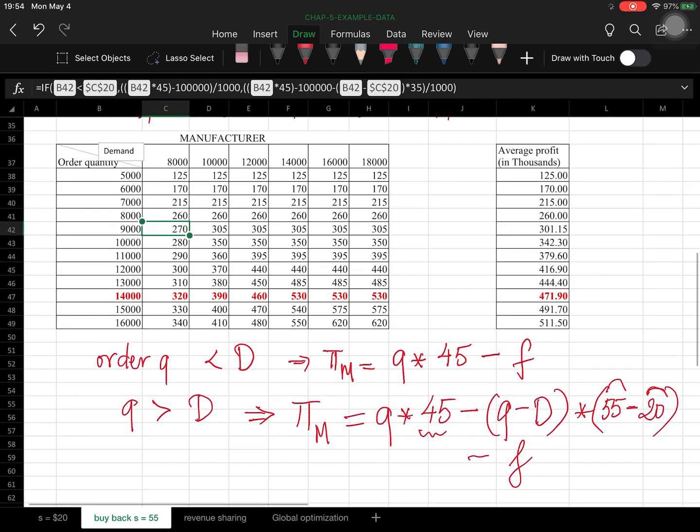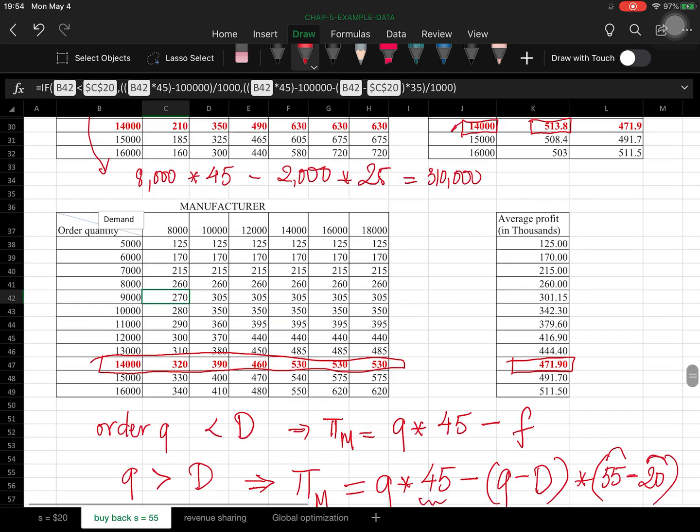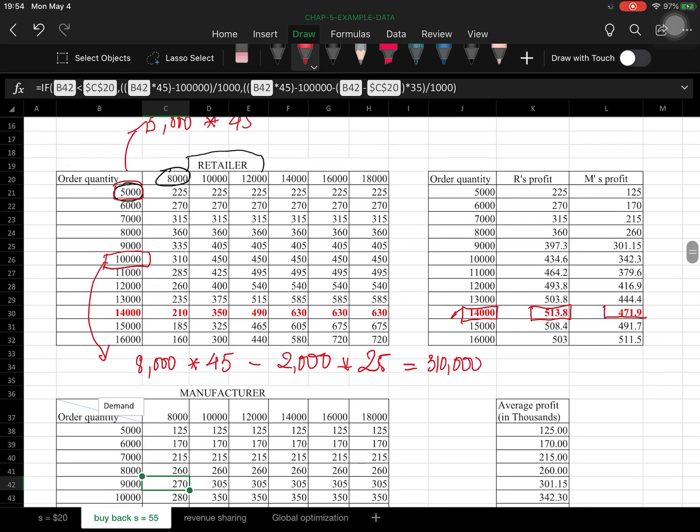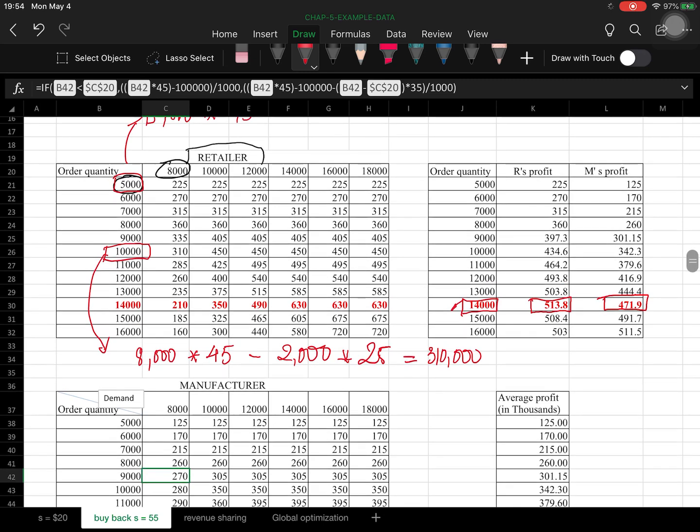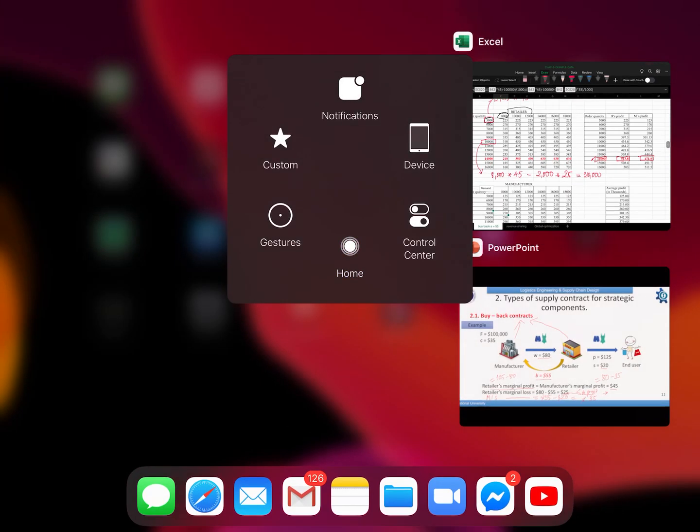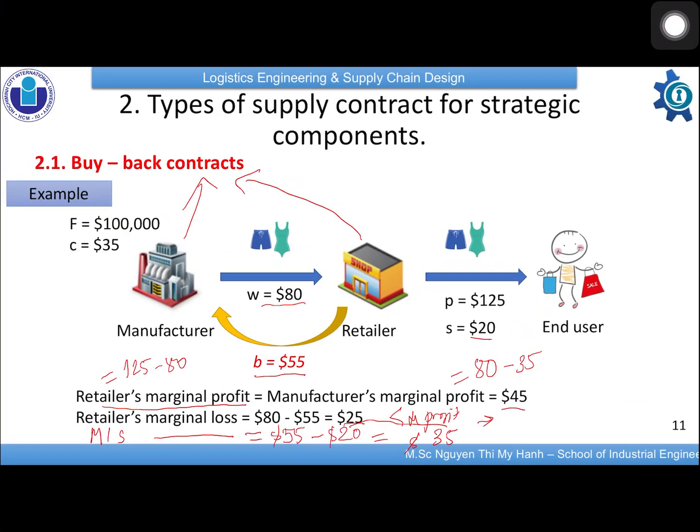So we can see that at order quantity 14, the profit manufacturer can get is 471,900. Okay, let's go back here.